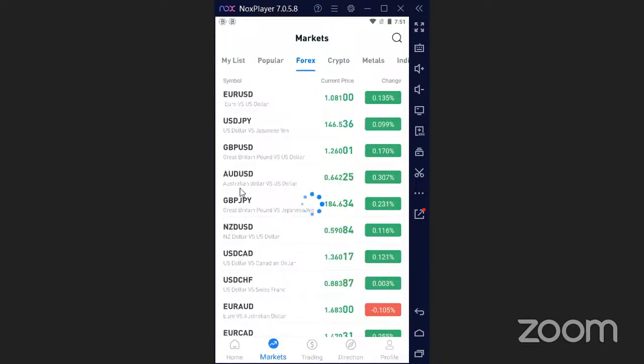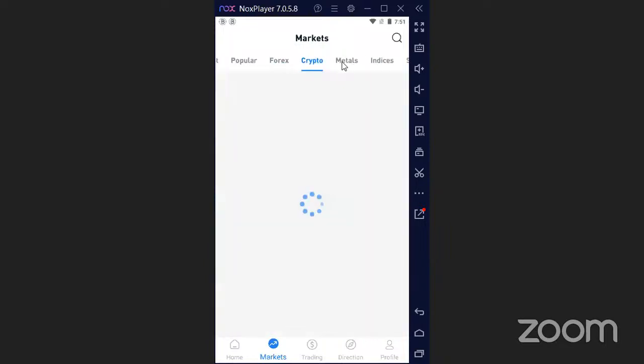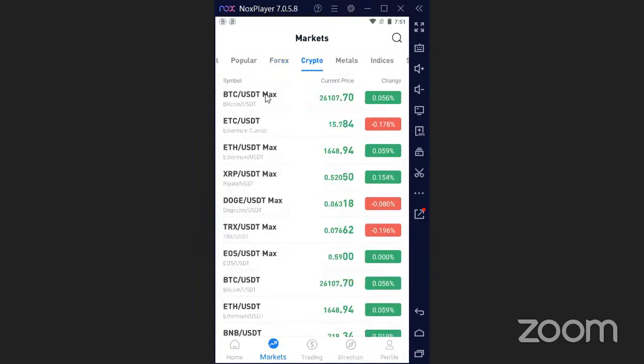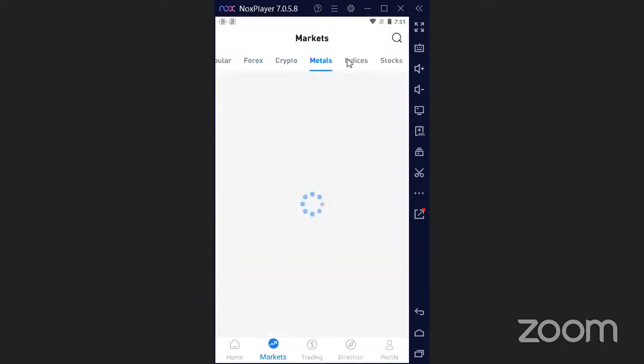The signal can be any of these pairs. It might not even be this one, because on BTC Dana they have different assets. They have the forex assets, they have the crypto assets, they have the metal assets. Crypto, I hope we are familiar with: BTC, Ethereum, USDT. Then we have the metals also. XAU USD is gold, and this is silver.